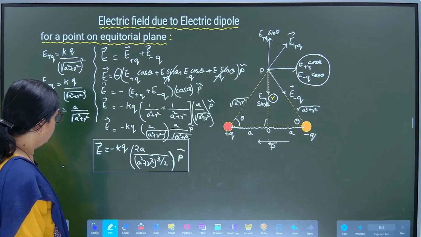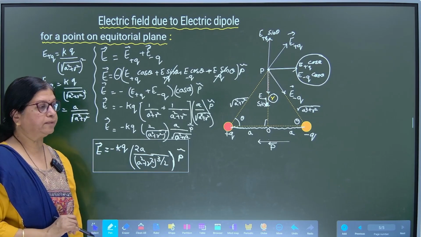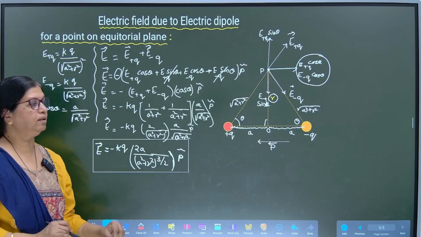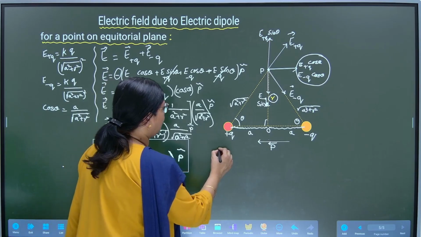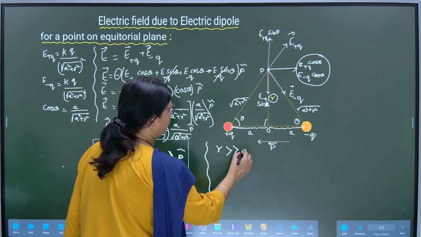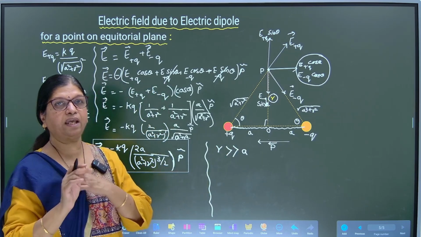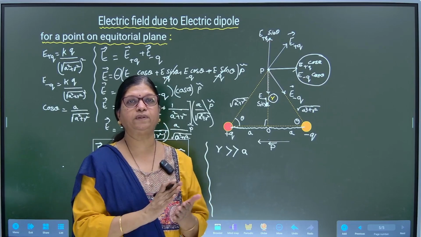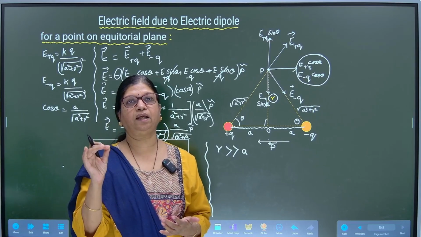Now, once we get this result, we can make a small variation or a condition where we can say that R is very much greater than A. Never say A very much less than R. It is the same thing, but you should always speak as R greater than A. What does it mean?